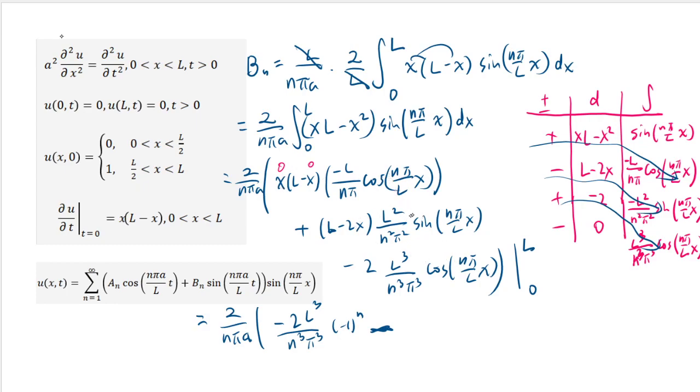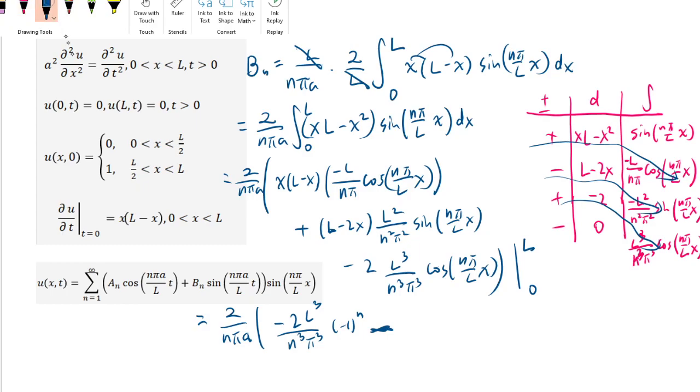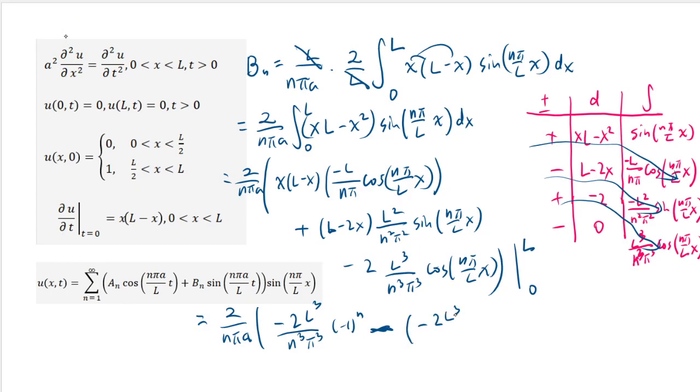And when you plug in 0 here, sine 0 is 0. So again, the first two terms don't produce anything, and the only non-trivial thing that's produced is when you plug in 0 here. So that gives you minus of negative 2L cubed over n cubed pi cubed, and the result is that you get cosine of 0, which is just 1.